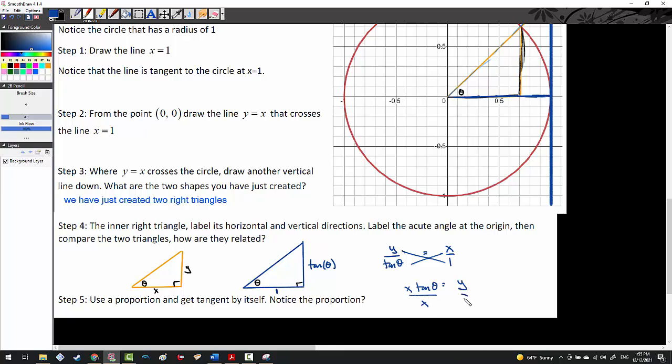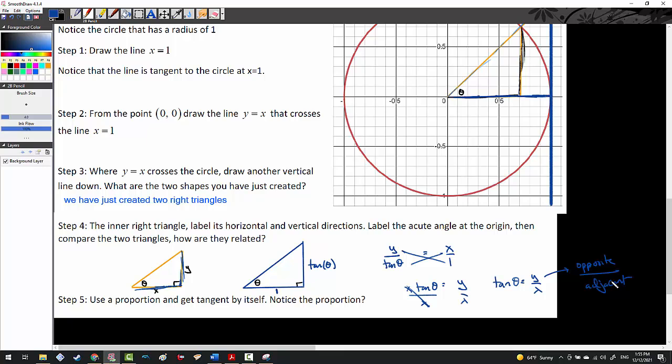Divide both sides by x, and I get tangent of theta equaling y over x. And if you look at the relationship of the y to the x and the angle, it is the opposite over the adjacent side. So that's how we get the opposite over adjacent relationship to tangent.